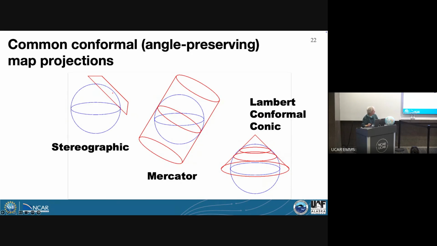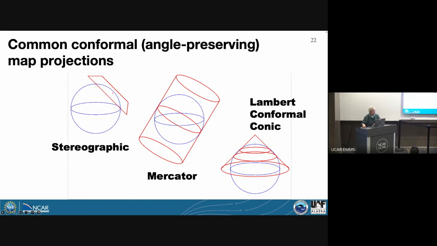The three most commonly used map projections that I know of are stereographic, which is usually a polar stereographic for either the North Pole or the South Pole, although in general a stereographic projection is just a tangent at a point. The next is Mercator, often used for near equatorial domains.